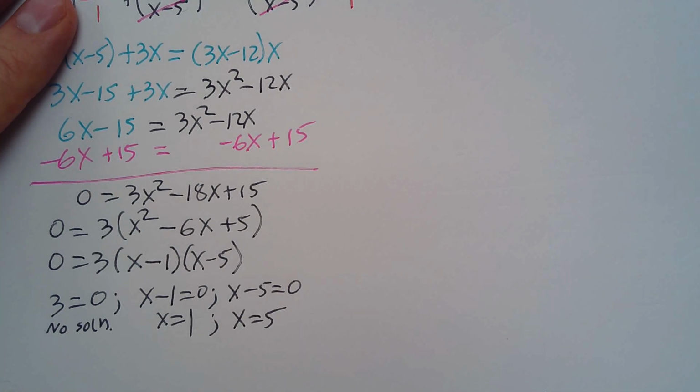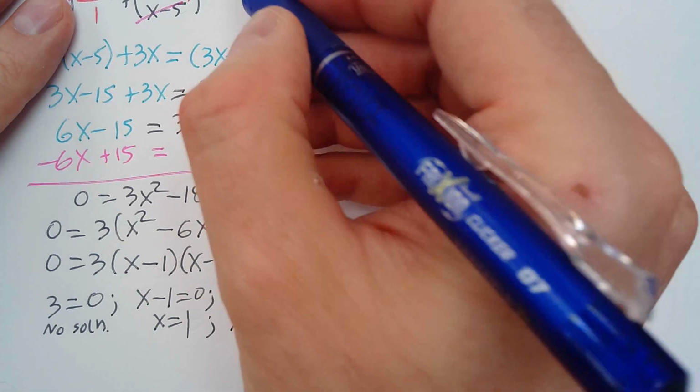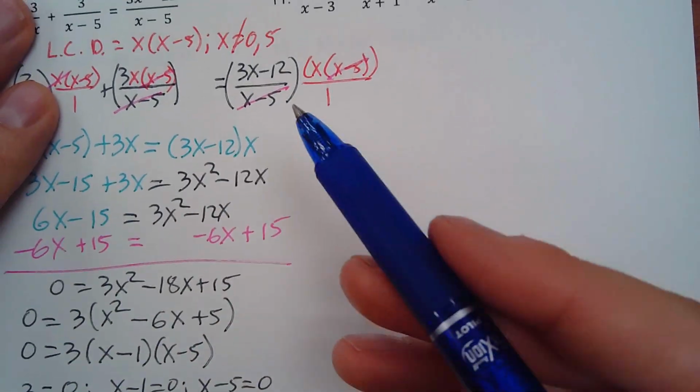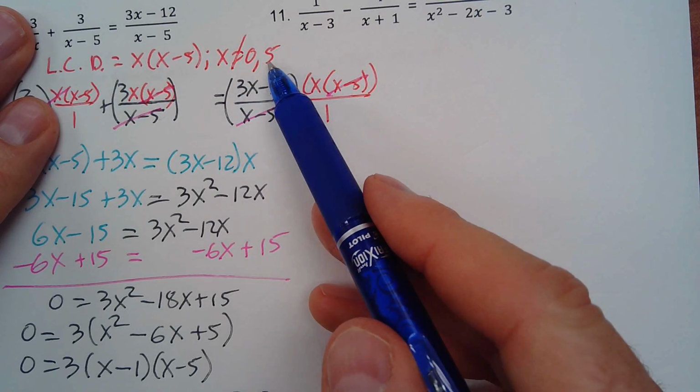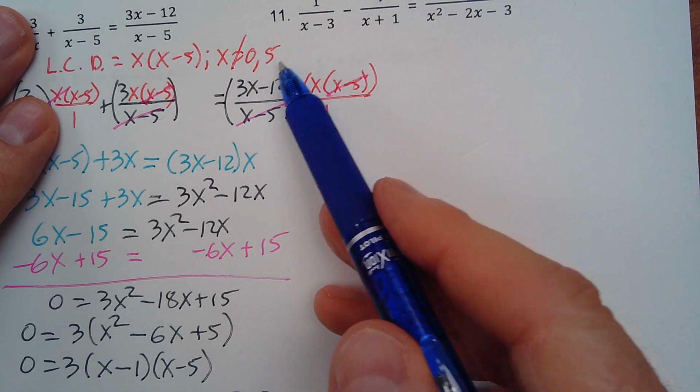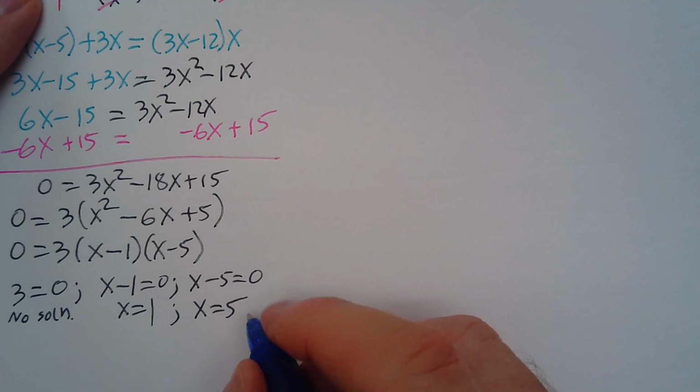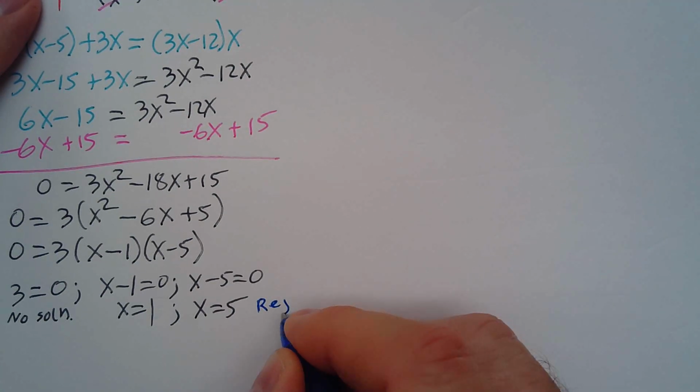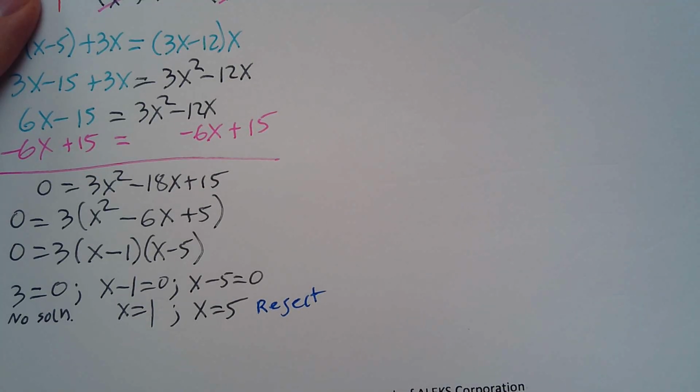Now take a look, though, at our restrictions. Remember our restrictions way up here? We said x cannot be equal to 5. So this last one has to get rejected. The 1's okay, though. So here we're just going to have one answer.